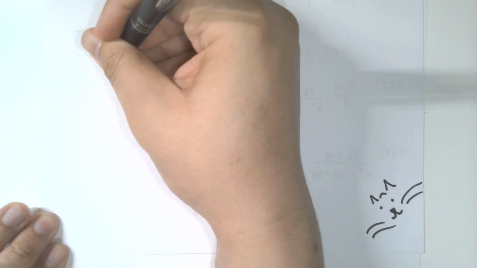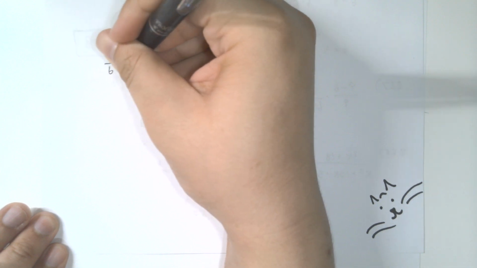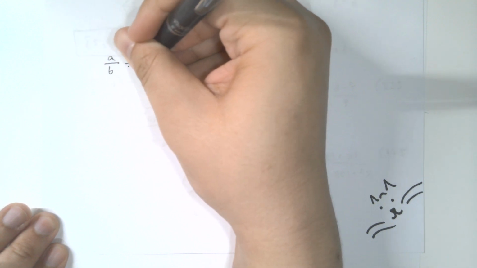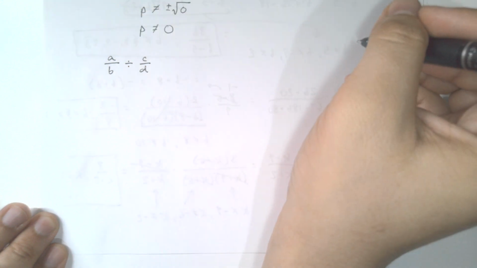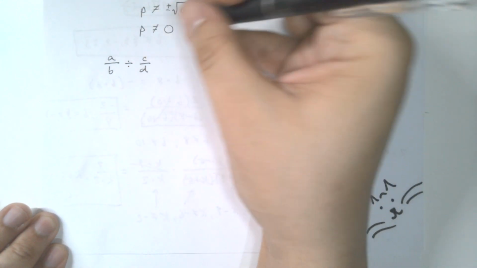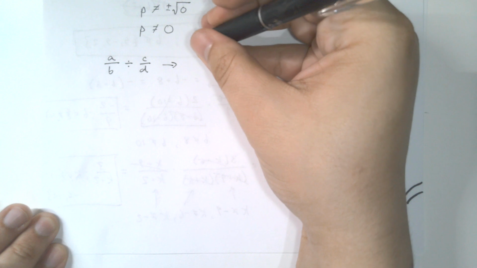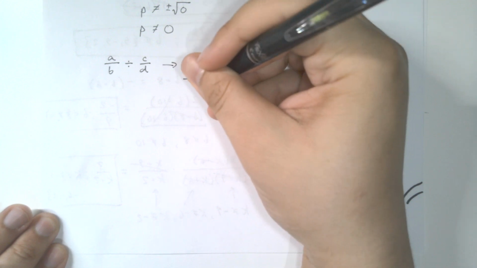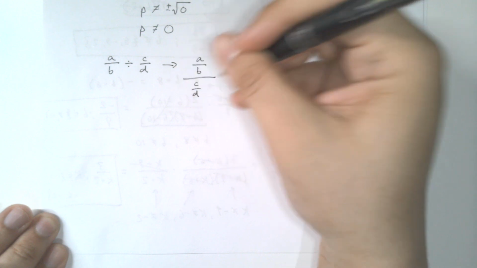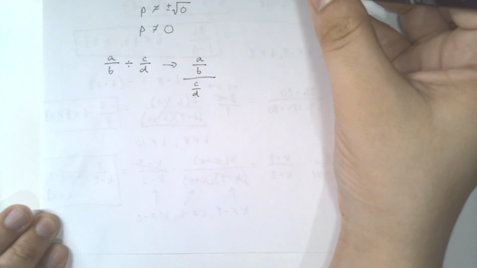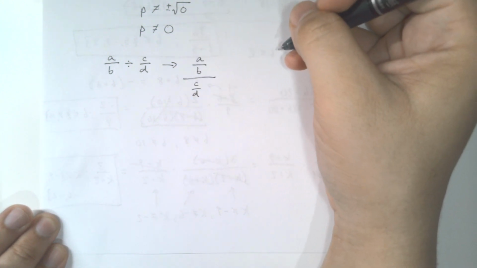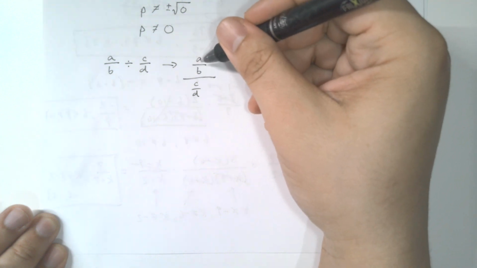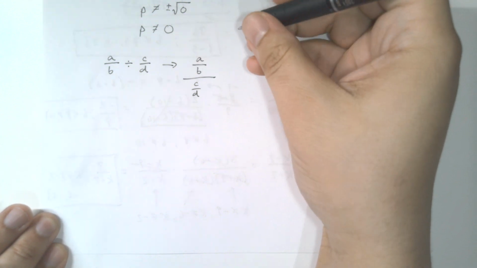What if we have a over b divided by c over d? What this means is that we have a over b divided by c over d, like this. So, big fraction bar between these two smaller fractions.